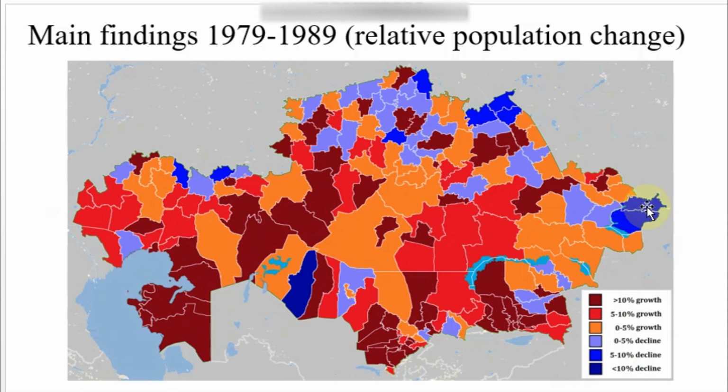In particular, we can note that the more severe cases of population decline are in those districts that have a common border with Russia.